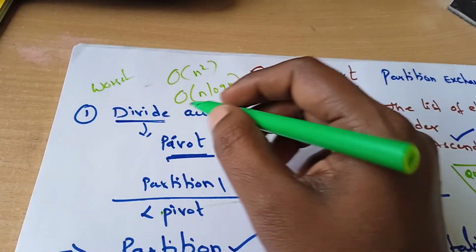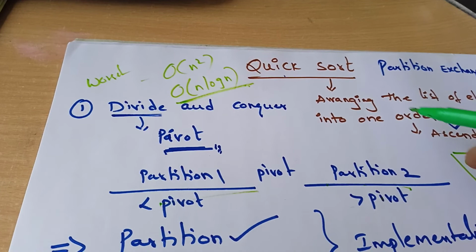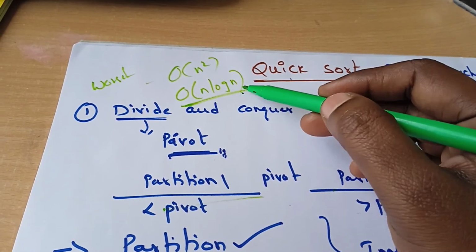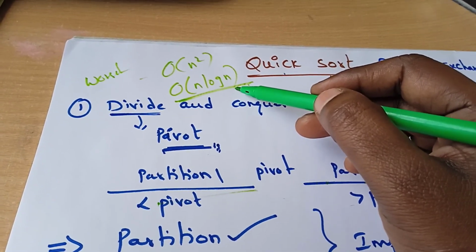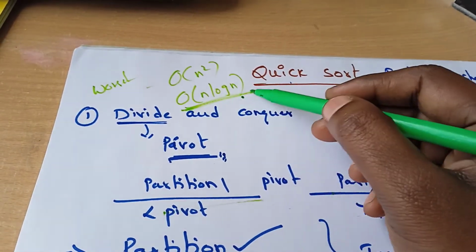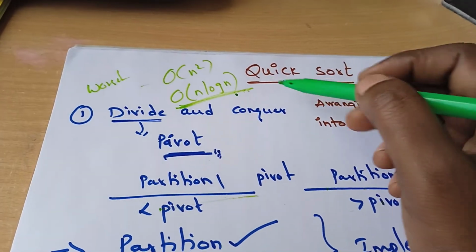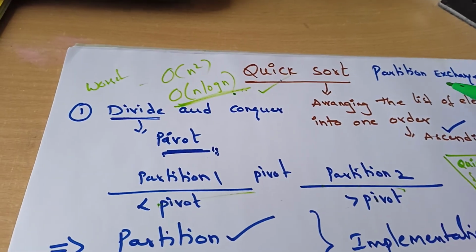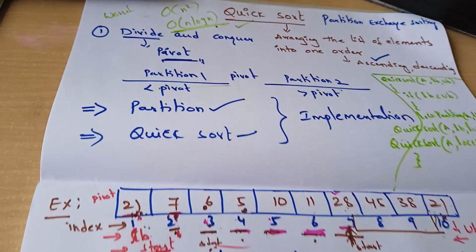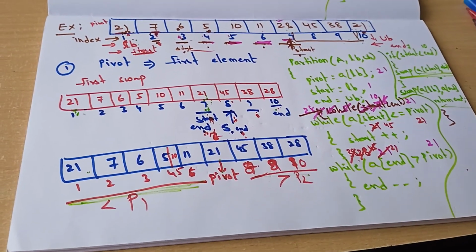If you compare with selection sort and insertion sort, then it is the best complexity. So most people use quicksort for sorting. So this is the ideology of complete quicksort. Thank you all.